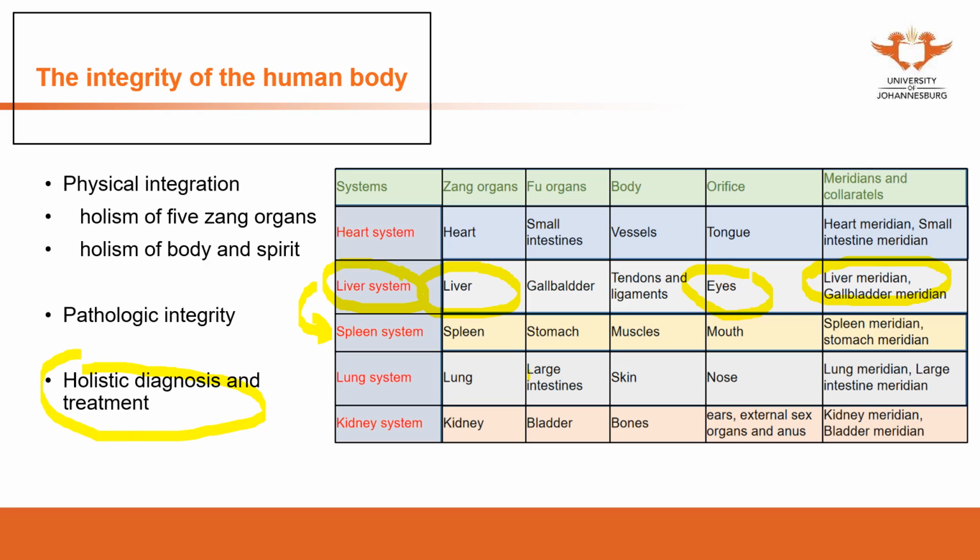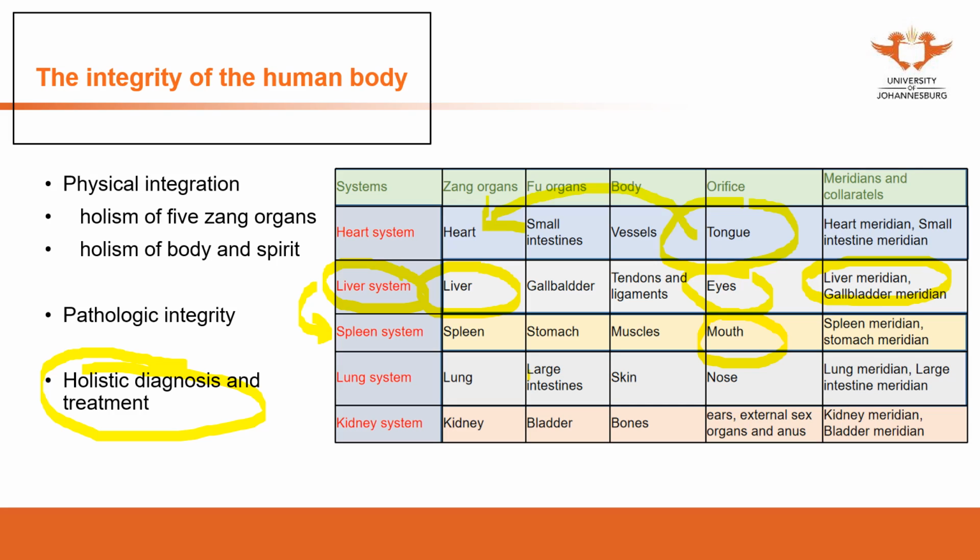Diagnosis and treatments. These are the examples that we have mentioned. If you have, for example, ulcers on the tongue and ulcers in the mouth. Although the tongue is also in the mouth, if you see the ulcers on the tongue, we're going to treat the heart.